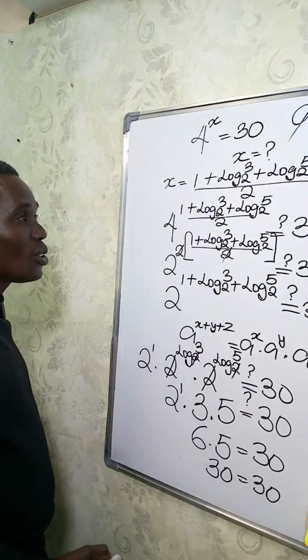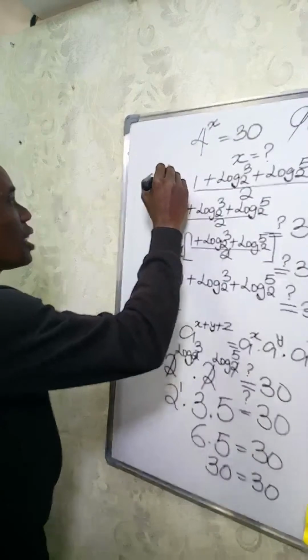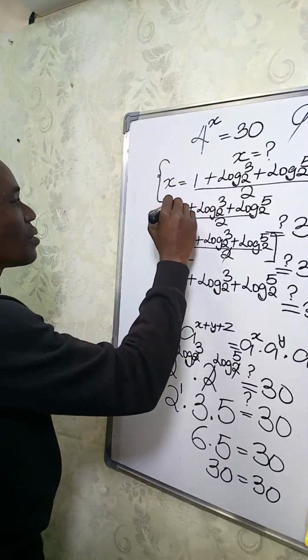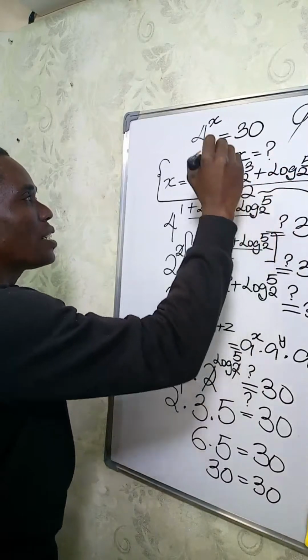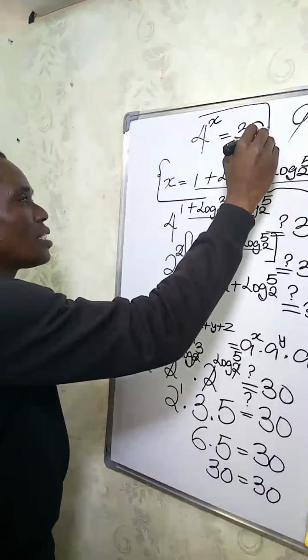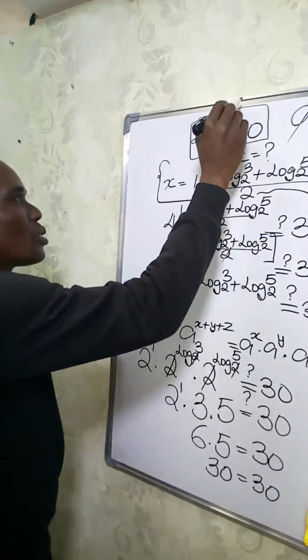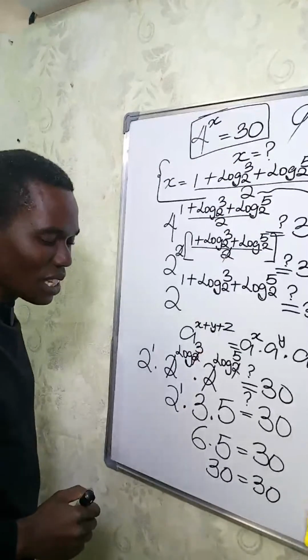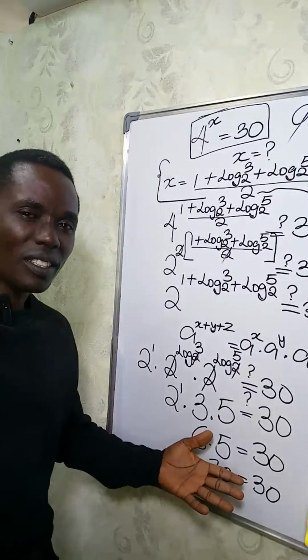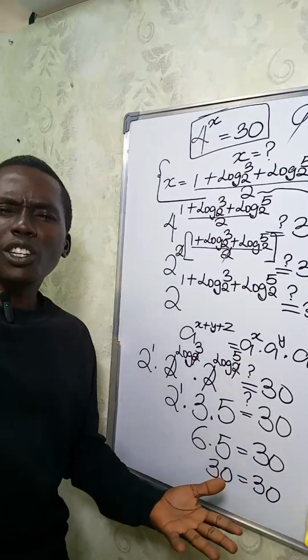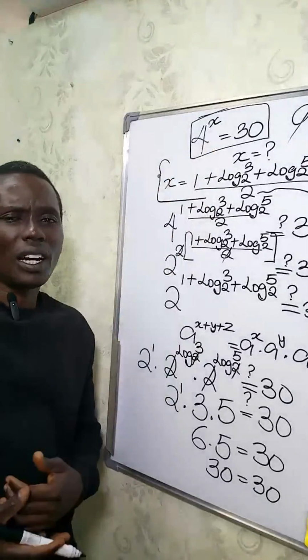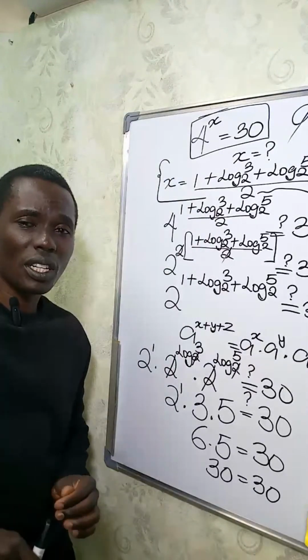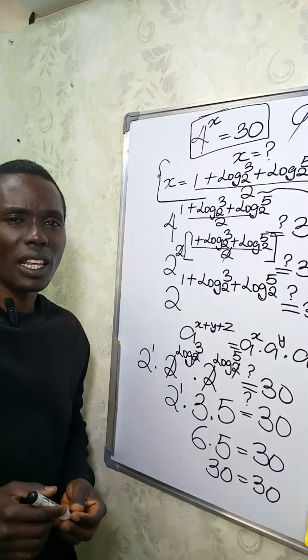So that tells us that this expression here is the value of x that satisfies our question given to us there. So you see, that's how you solve exam questions related to things like this.